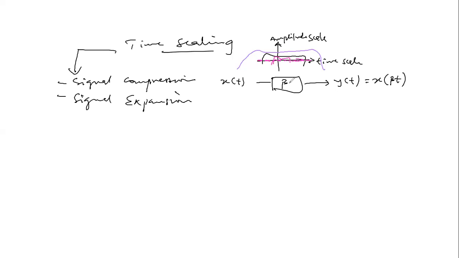Now take note, this beta is performing time scaling operation. So it's not multiplying the amplitude of the signal. It is multiplying the time component of the signal, so you see it in bracket. If it is compression, then this beta must be some value that will reduce the time scale.